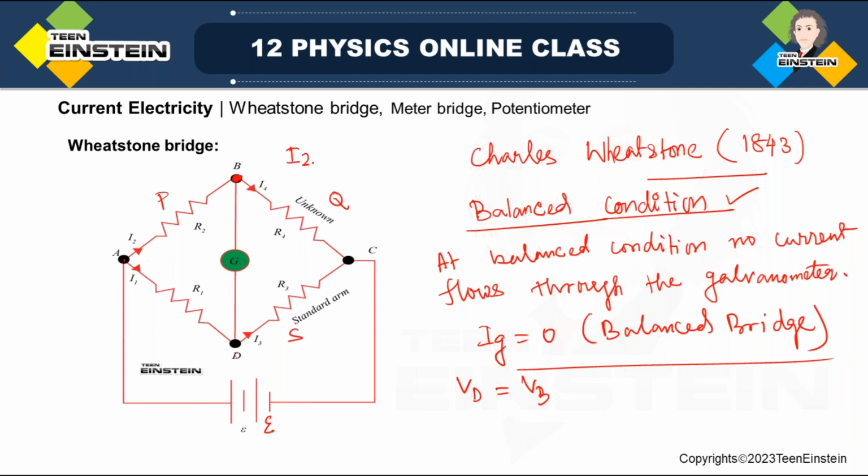This I2 will be exactly equal to I4, and I3 will be exactly equal to I1, because no current is flowing through the galvanometer. So this I2 itself will go from A to B, B to C, and I1 will go from A to D, D to C. So this will complete the circuit. And at this condition, the potential difference between point B and point D will be 0. So that is the condition.